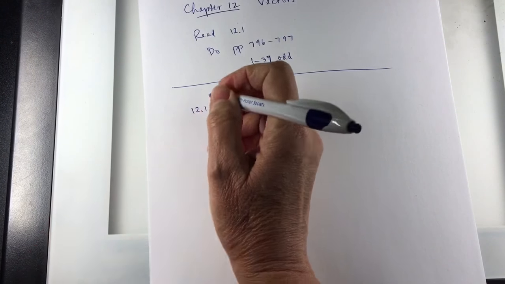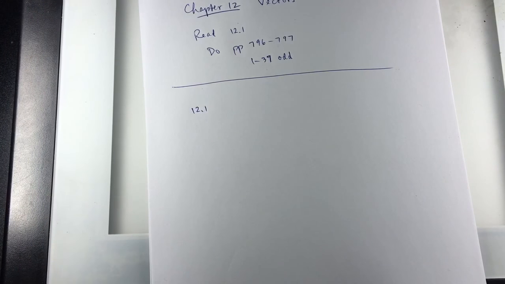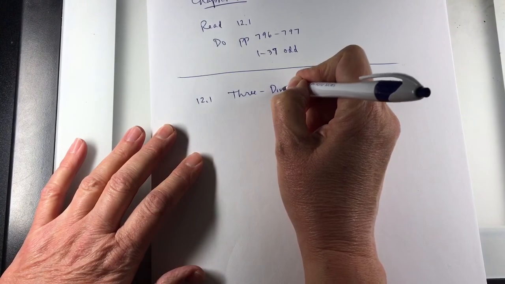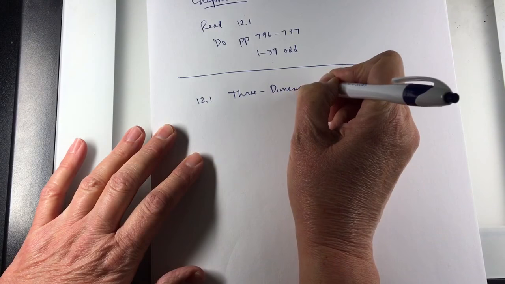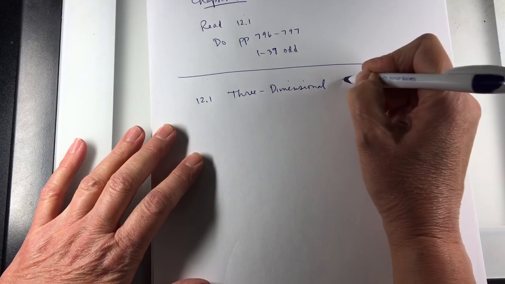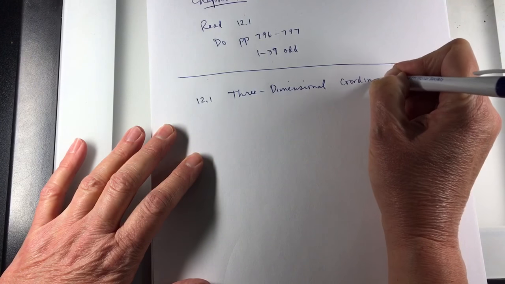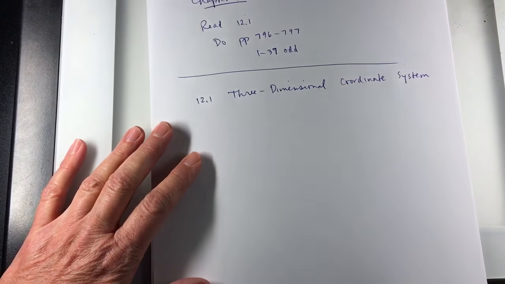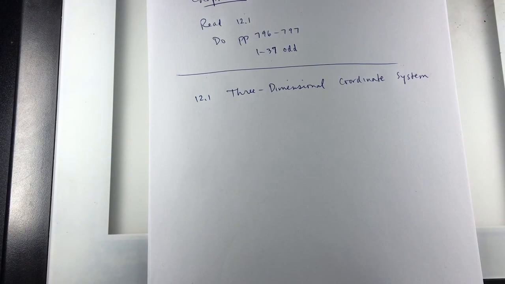So for 12.1, we have the three-dimensional coordinate system. For this, we will take our X, Y axis that you've been working with for years and years and years.